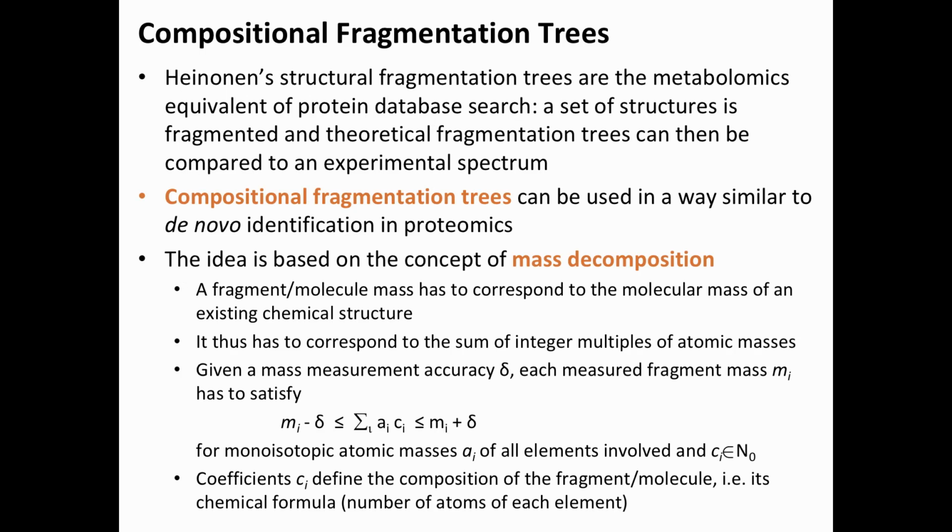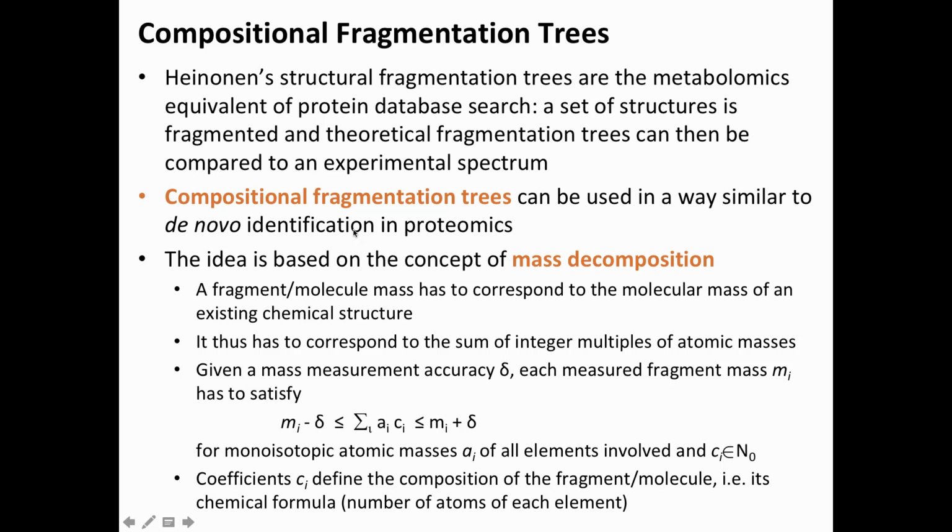Another idea are compositional fragment trees. Here you're not starting to think about what the structures are underlying this, but you're looking at compositions only. In a way, this is similar to de novo identification in proteomics.